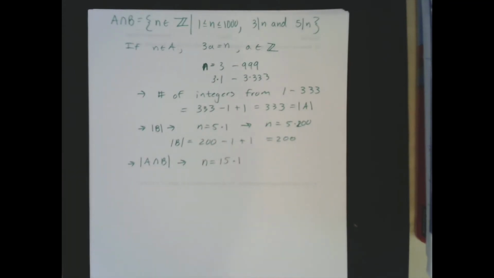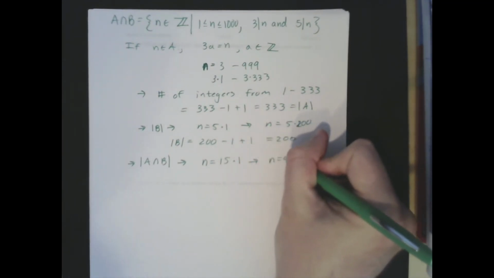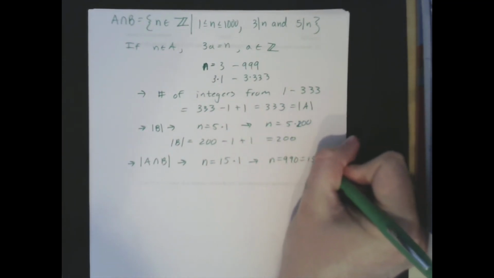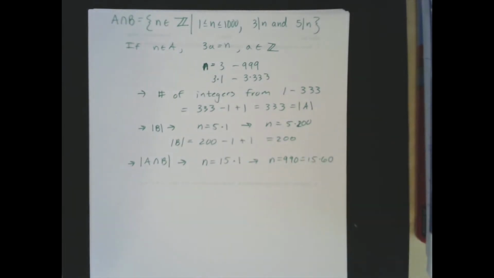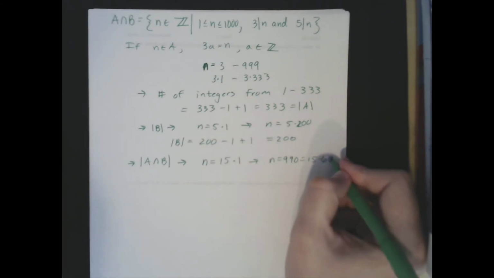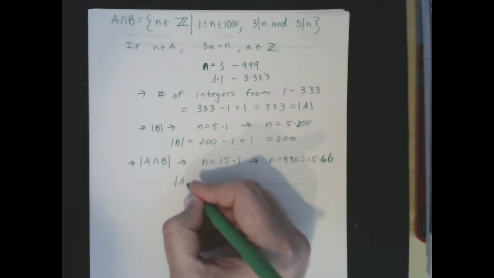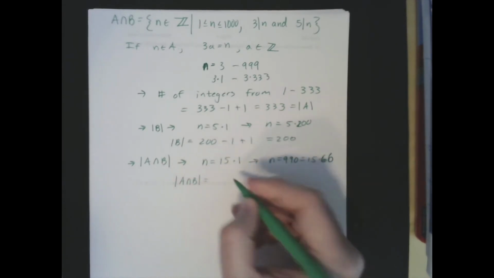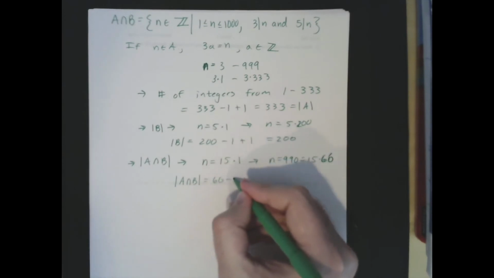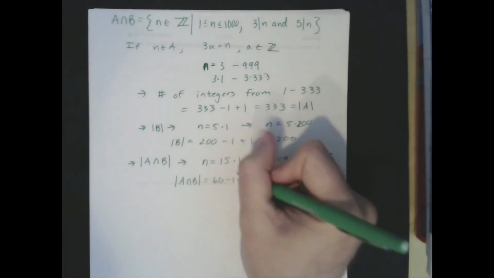So you go to your highest multiple of 15, which turns out to be 990, which is 15 times 66, not 60. And so we have our size of A intersect B is 66 minus 1 plus 1, or just 66.